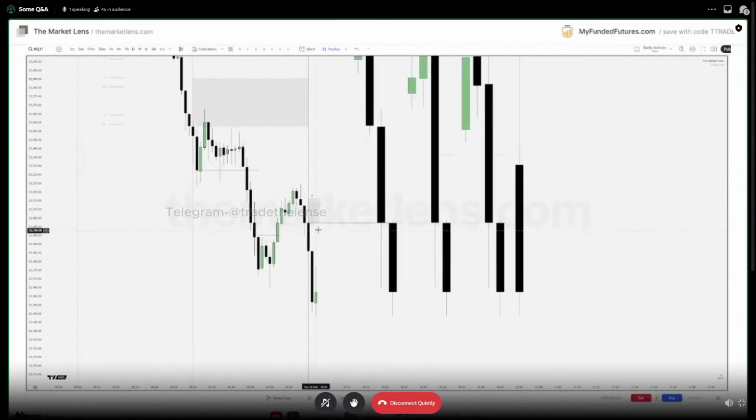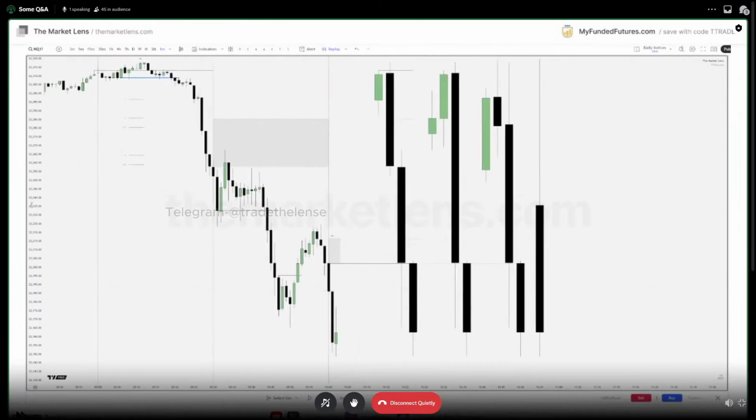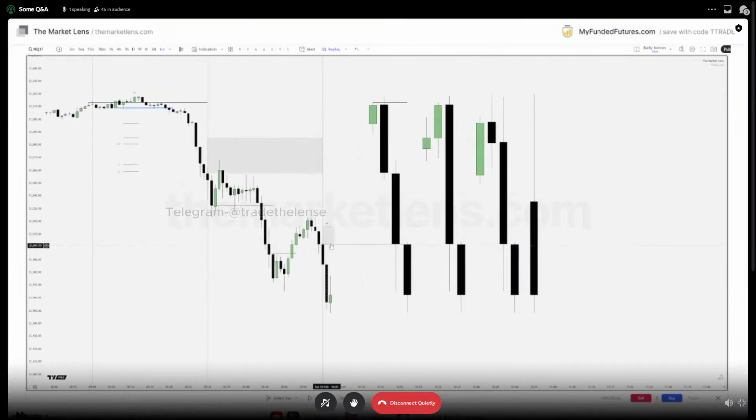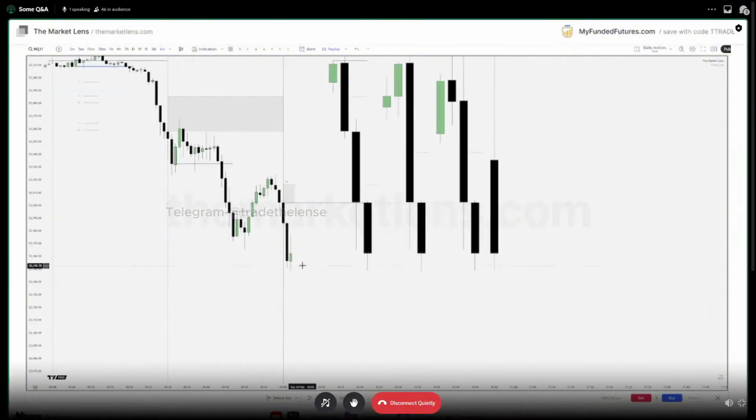So see what I mean? It's a lot easier to just trade the continuation, and they're lacking the waiting for the higher time frame open. So there's a quick example of if you try to pick the high, you normally get stopped out. It's a lot higher hit rate to just let this high form, confirm it, then trade it.